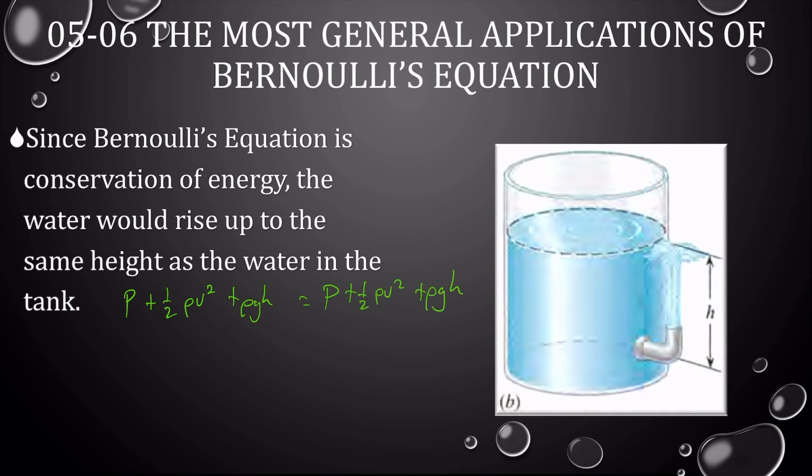The pressure both inside the tank and out here, where it's at its highest point, is 1 atm, so they cancel out. Inside the tank, it's not moving, so the speed is 0. At the highest point, the water has to stop before it comes back down, so that's 0. So I have rho g h equals rho g h. So the densities are the same, g is the same, must mean h is the same, the same height.